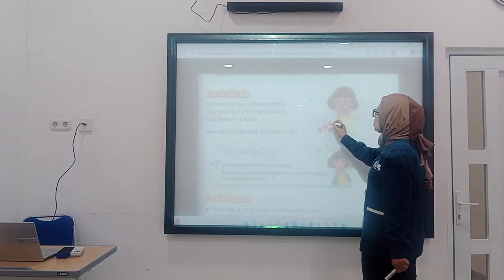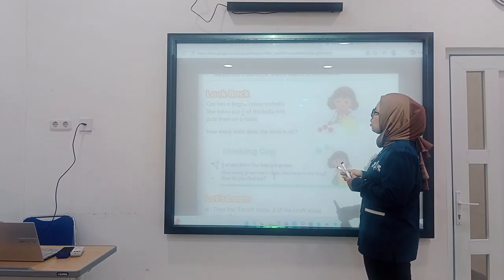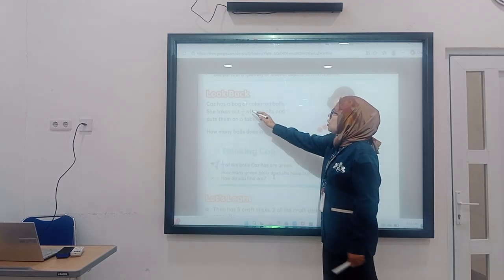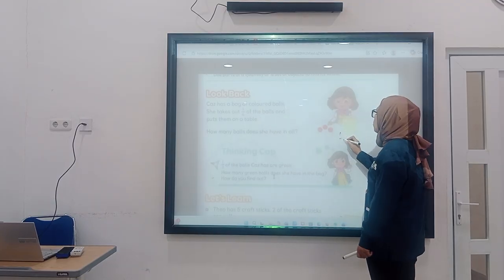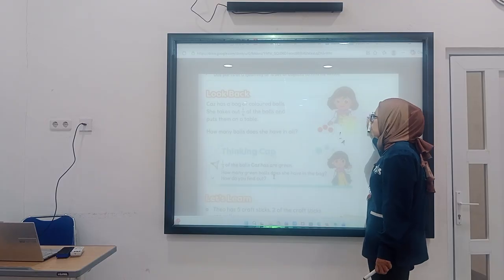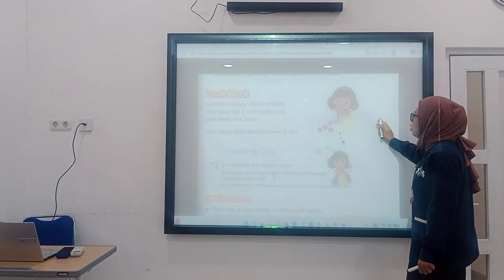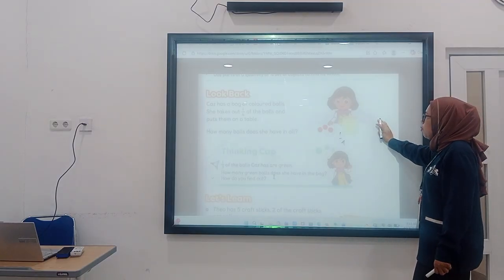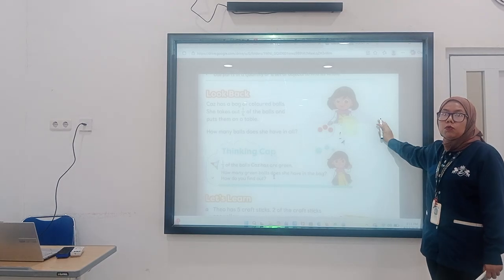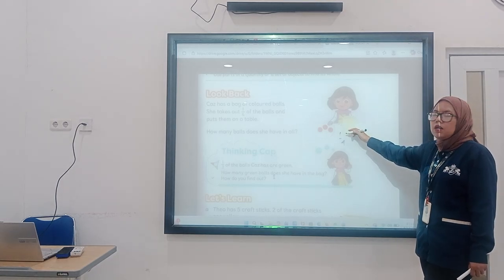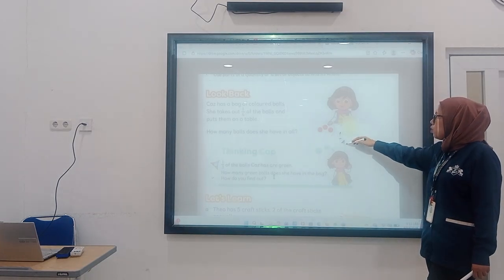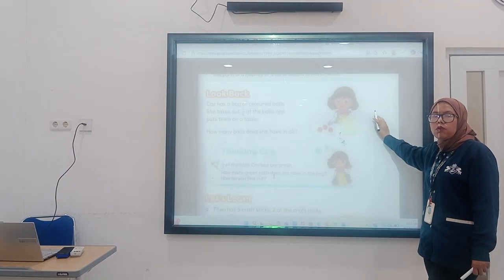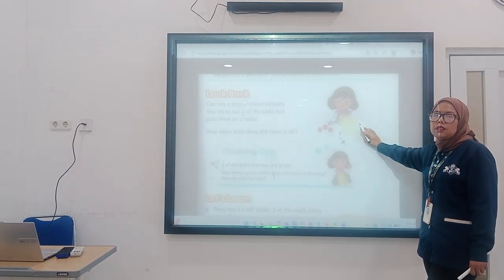There are 3 balls, and these 3 balls are 1/4 of the balls, and after that, how many balls in total? To get the answer, students just need to multiply. So 3 balls multiplied by 4, so there are 12. So there are 12 balls in the bag.